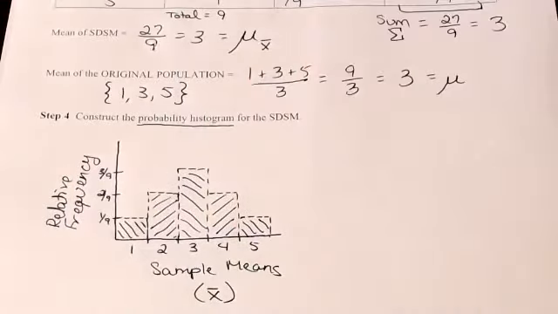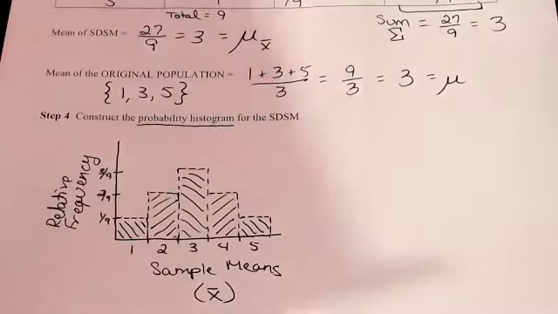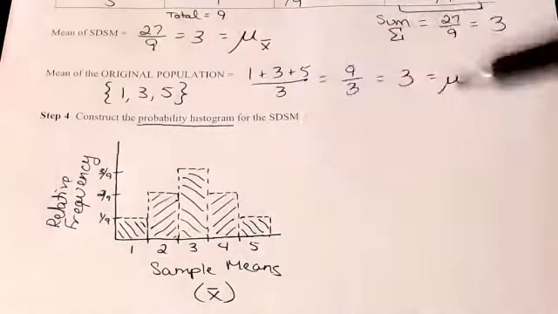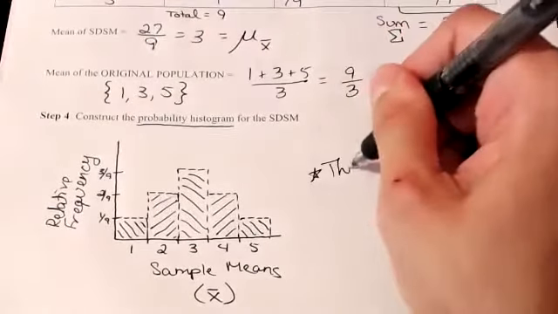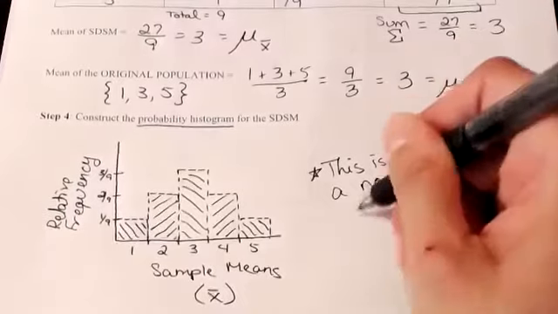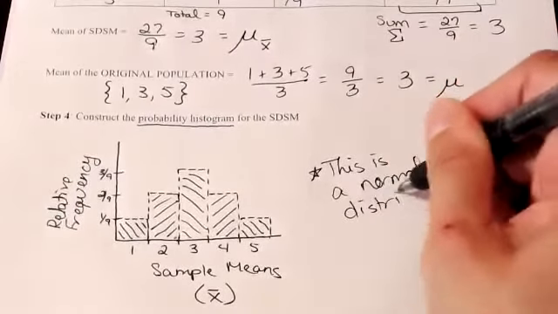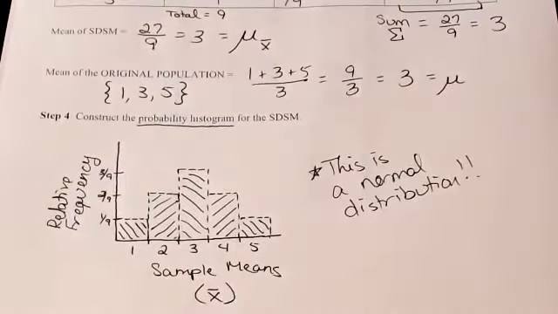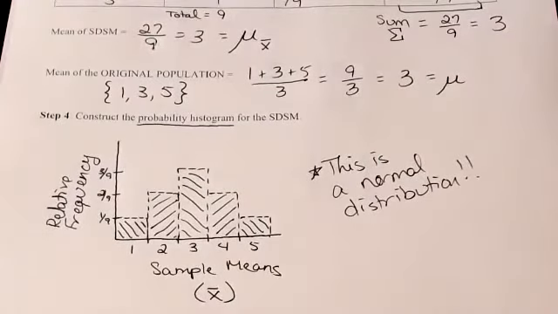And we learned that from the previous page, that the sampling distribution of sample means is a normal distribution. So this is a normal distribution. Perfect. Let's go ahead and turn the page and look at some more information.